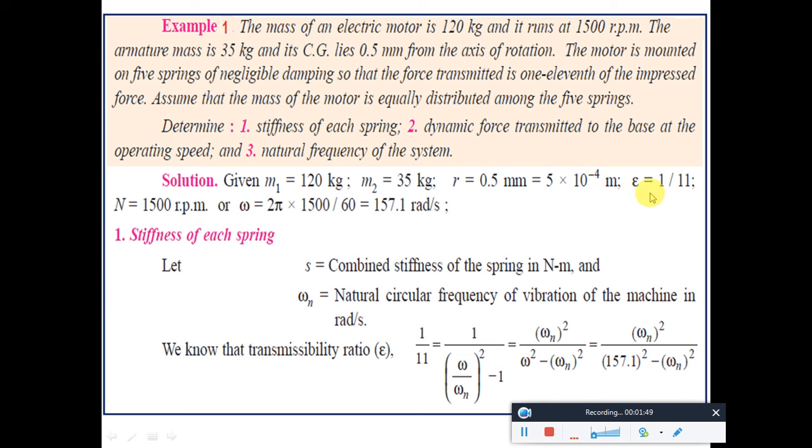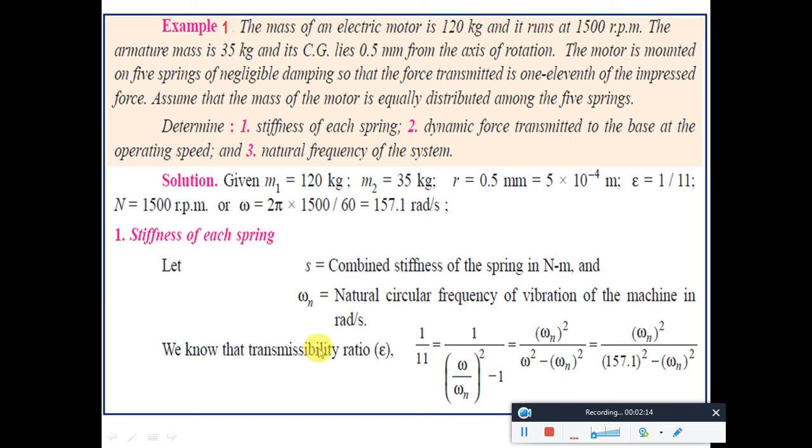Everything we are converting into SI units, and as we said the transmissibility is equal to 1/11, and the speed is 1500 rpm. From which we can calculate omega, the angular speed, that is 2 pi N by 60, which gives you 157.1 radian per second. This 157.1 radian per second is the external frequency, right?